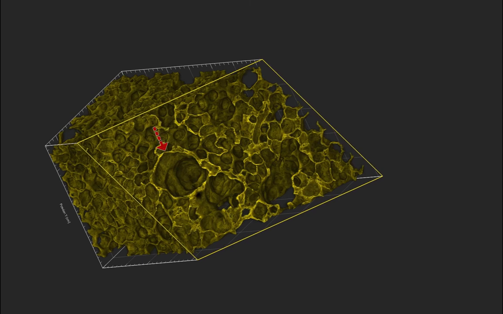And here's another one where you see the airway going down here, and the little air sacs coming off the sides.